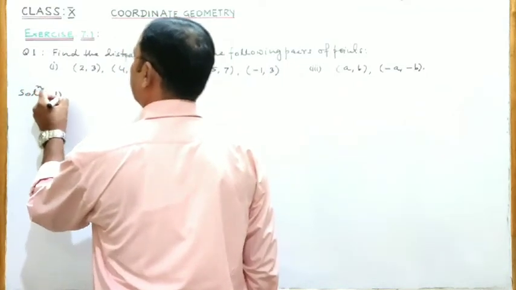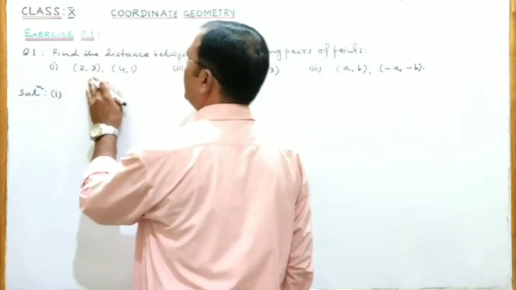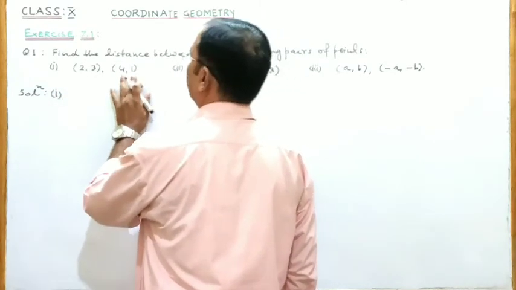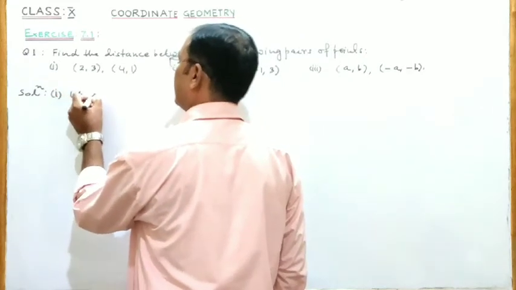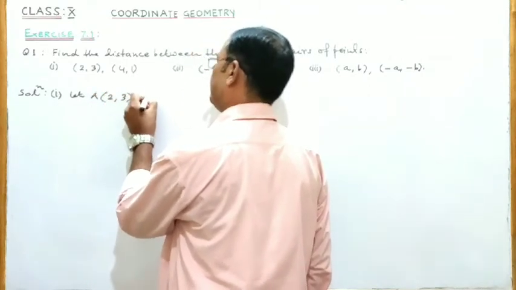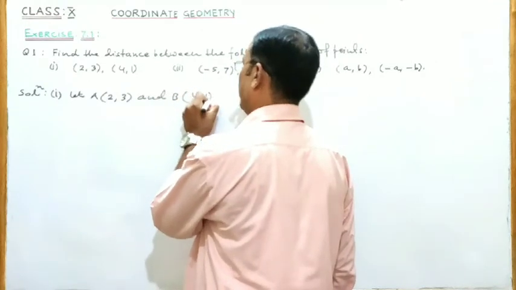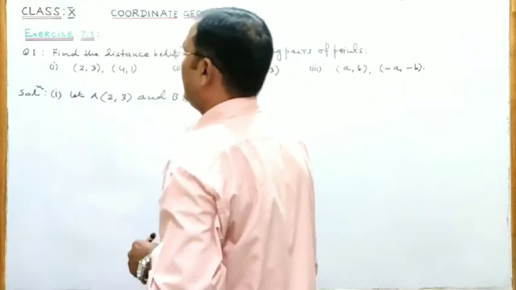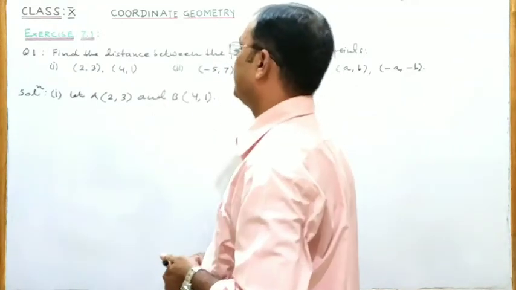In first part, given points are (2, 3) and (4, 1). Let these 2 points be A (2, 3) and B (4, 1). We have to find distance between these two given points.